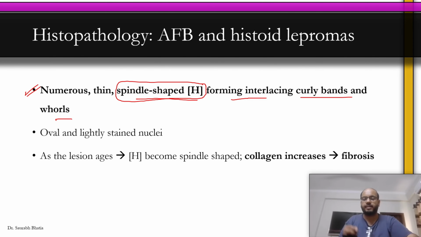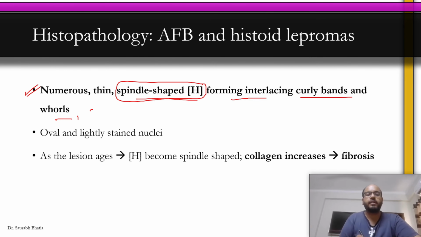Spindle-shaped histiocytes are seen in histoid leprosy, while a fusiform M. leprae is seen in histoid leprosy. Clear? So we have spindle-shaped histiocytes in which you have fusiform, longer, uniformly stained AFB, and these spindle-shaped histiocytes form interlacing curly bands and whorls.